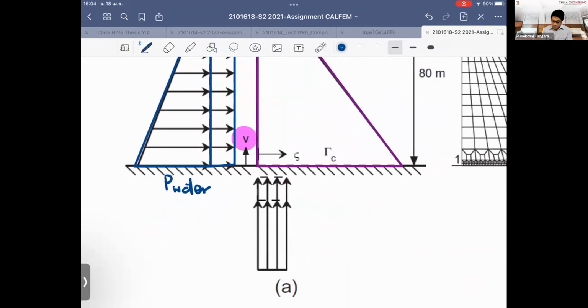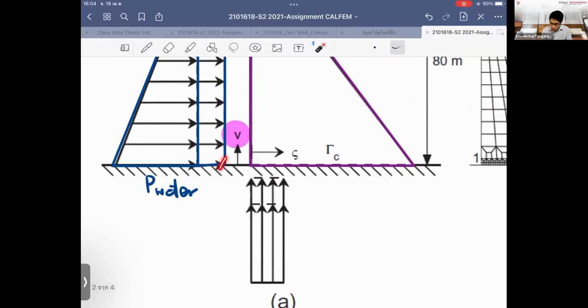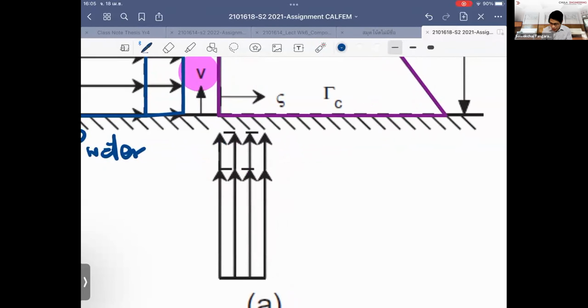Once the water rises up, what happens at the corner of the face of the dam that has to resist the hydraulic force is that the water can penetrate through the dam. When it penetrates underneath the dam, it tries to create uplift pressure. So it's trying to push this area up. We call this area the uplift.